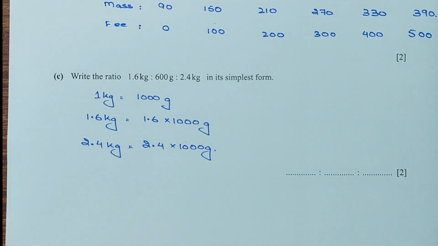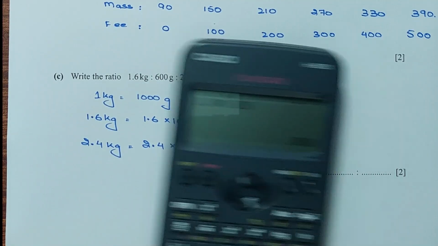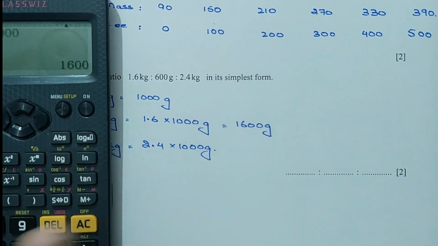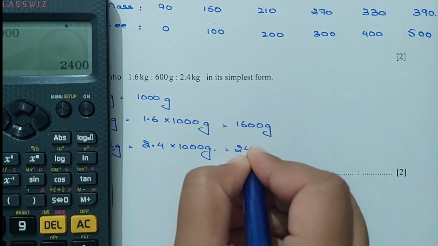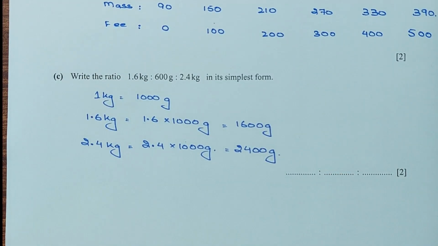So 1.6 times 1000 is 1600 grams, and 2.4 times 1000 is 2400 grams. Let me write this down.